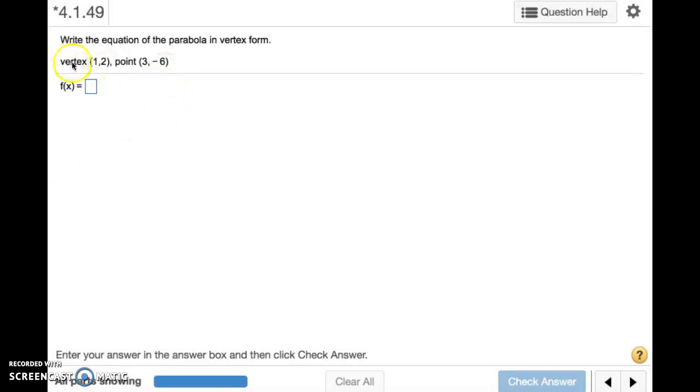For this last example, we are given the vertex and some other random point on our parabola. So we're asked to rewrite it into vertex form, and vertex form, normally we have f of x. We can also write it as y equals a parentheses x minus h squared plus k.